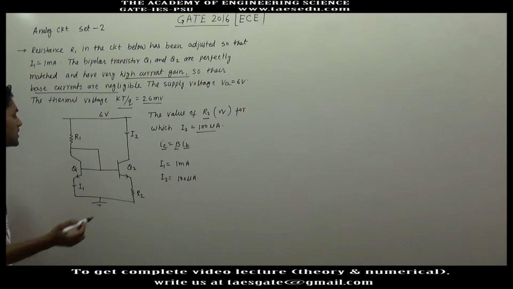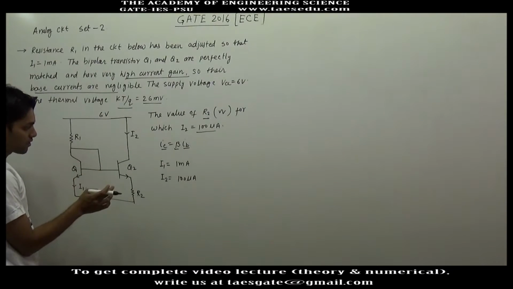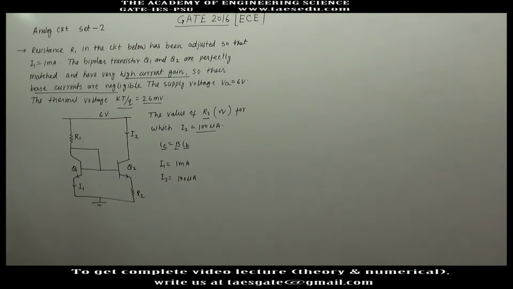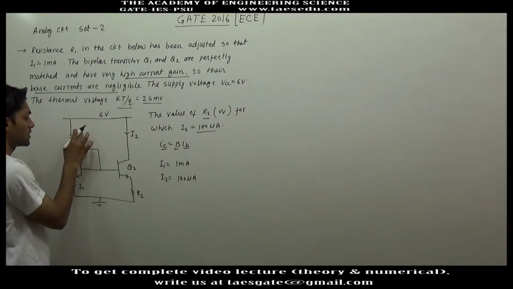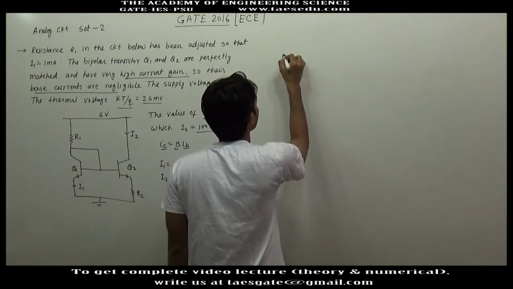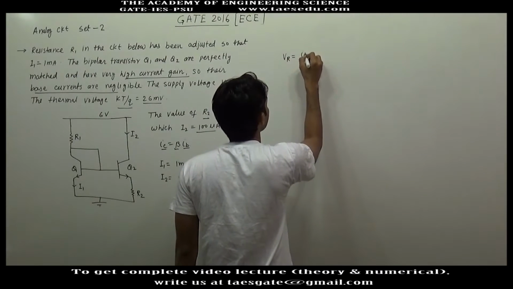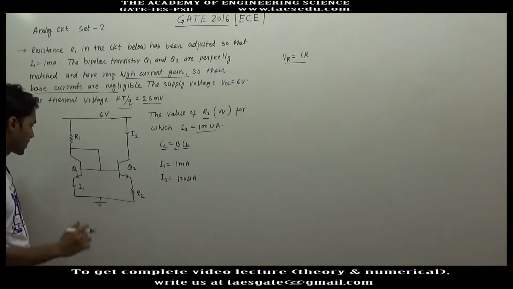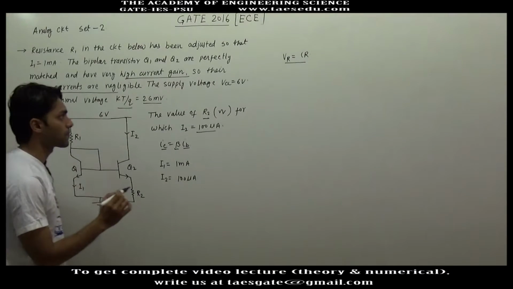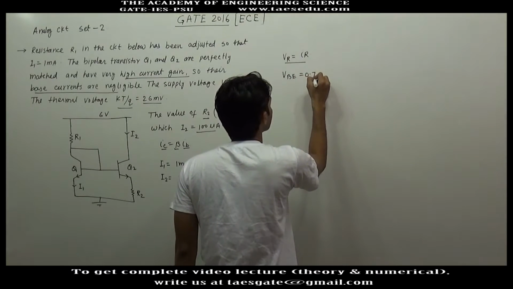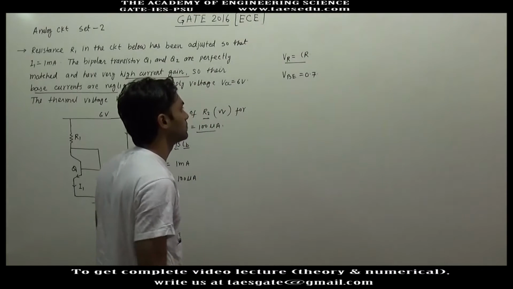It is obvious that for finding the value of resistance R1 or R2, we have to apply KVL. Since current is given, the voltage across a resistance we will write as I into R. Normally in DC analysis, the voltage VBE we take as 0.7 volt.